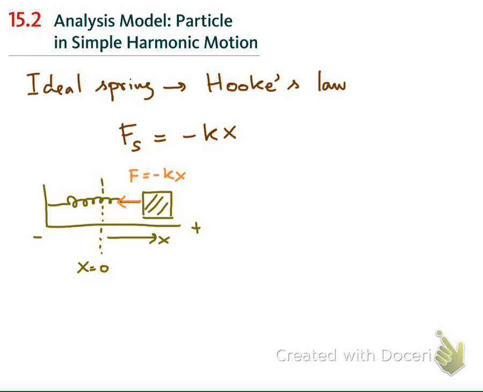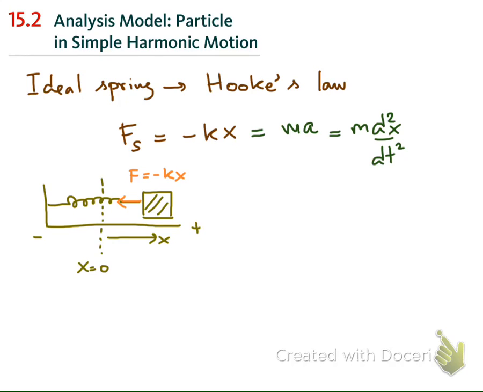From Newton's second law, we can see that this Fs equal to minus kx can be written as equal to ma, or equal to m d square x by dt square.